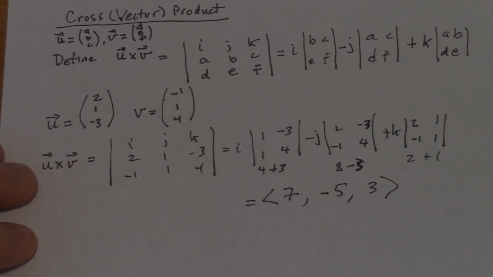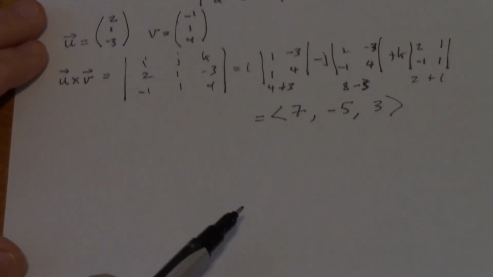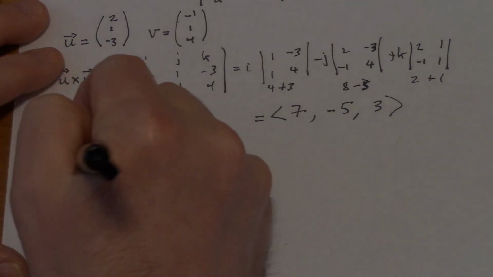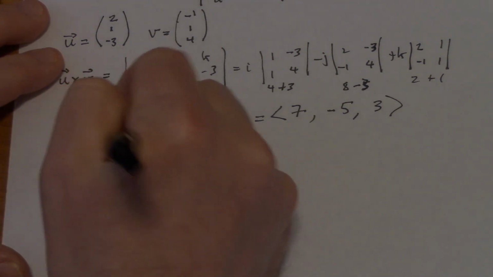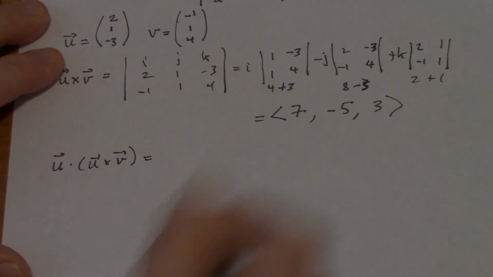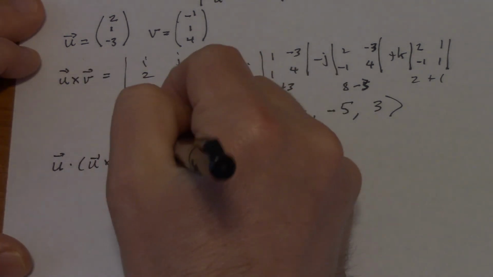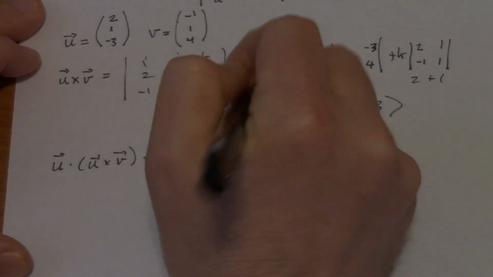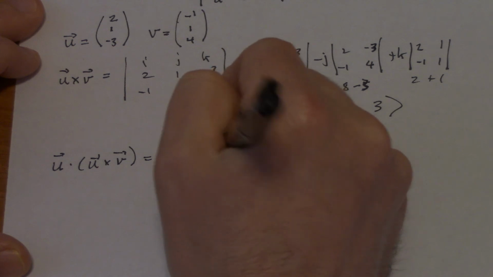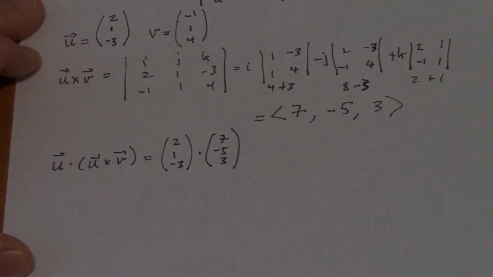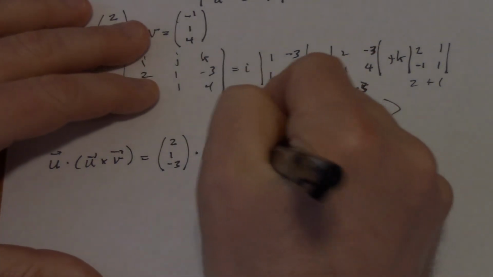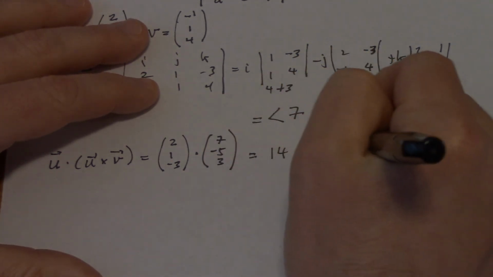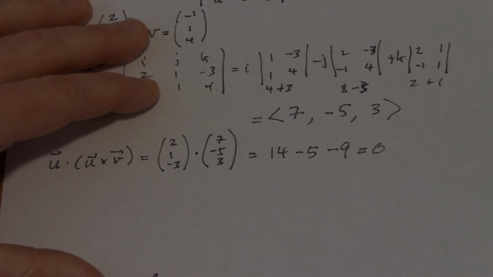Alright, so this is what u cross v is. And just note that we can actually investigate one of the properties just with this example. So what would u dot u cross v be? Alright, so this would be the vector 2, 1, minus 3 dotted with a vector 7, minus 5, 3. Okay, so that's going to be 14 minus 5 minus 9, and that's 0.